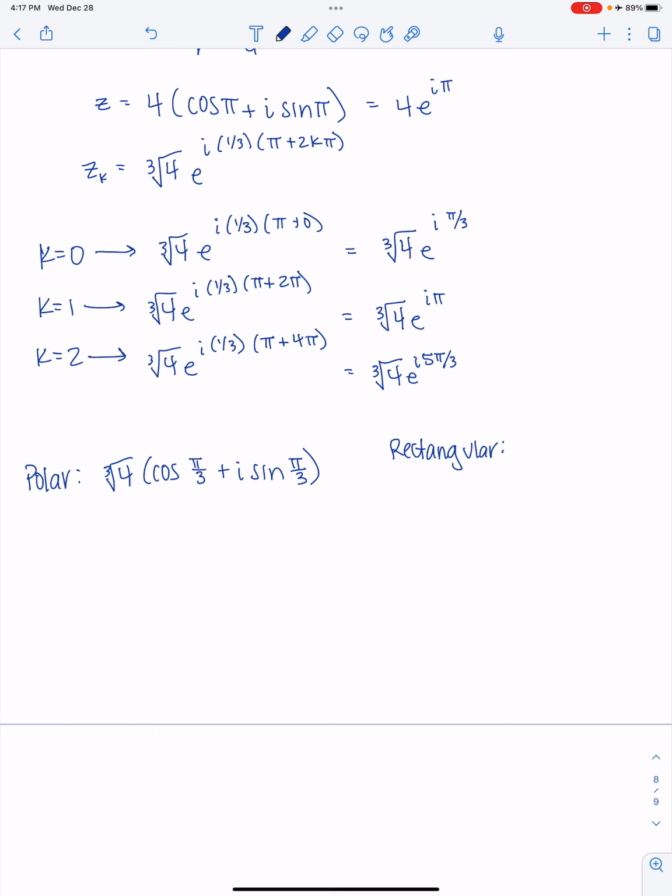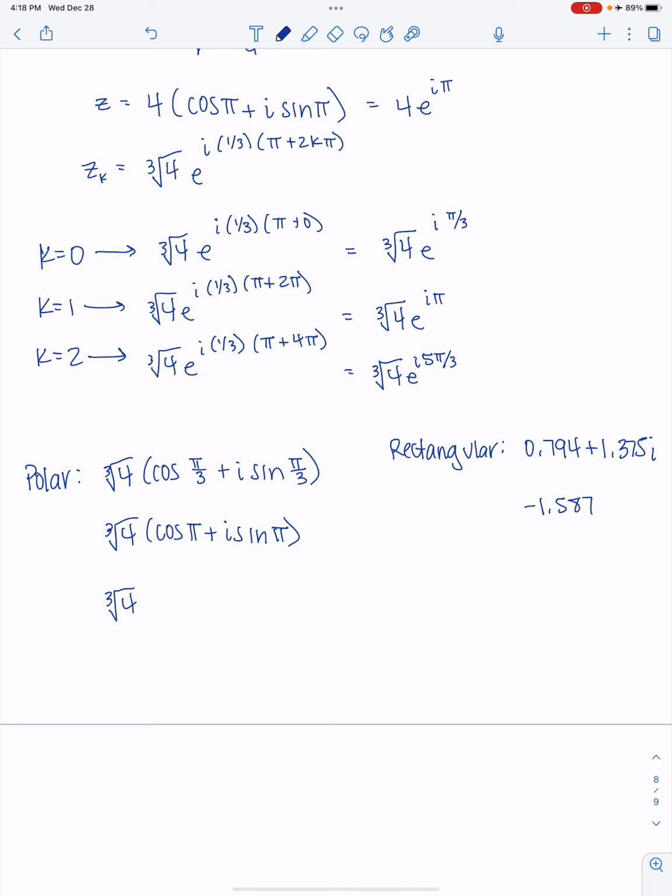So we multiply all these out, we get 0.794 plus 1.375i. For the next one, we will have the cube root of 4 times cosine pi plus i sine pi, which will give us negative 1.587 plus 0i, so we don't have to write that.